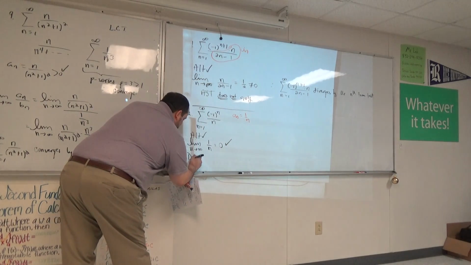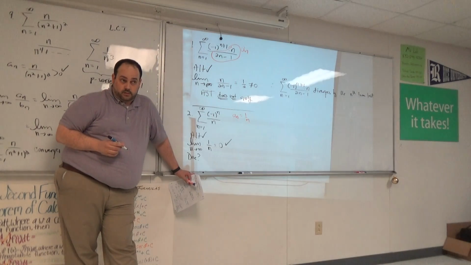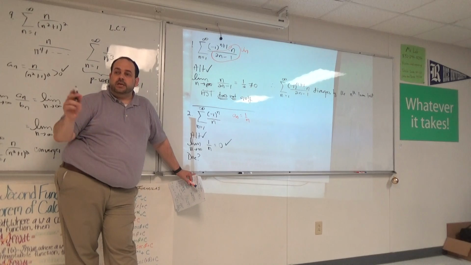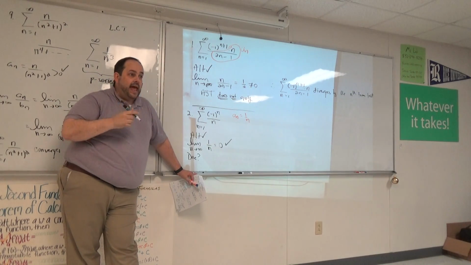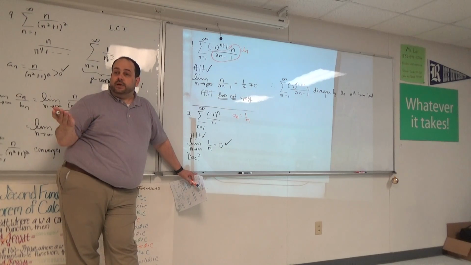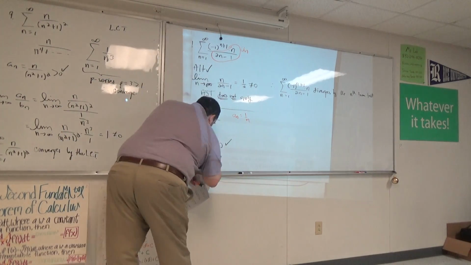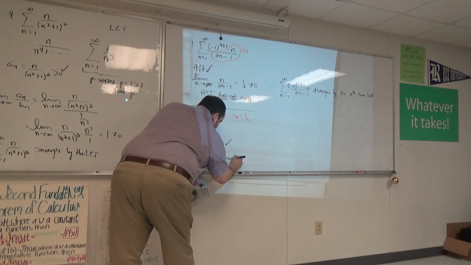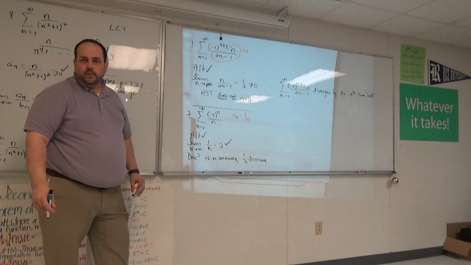Decreasing. Does this sequence decrease? Yes, the terms get smaller in value. As n increases, does 1 over n decrease? Yes. That's one way to do it. You could make a verbal statement that way.